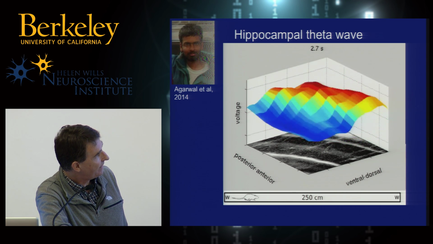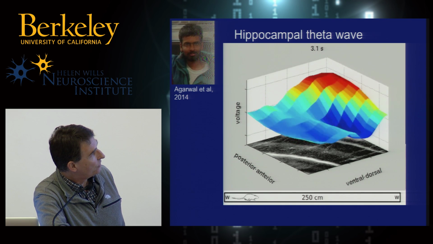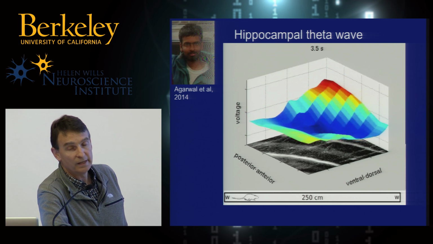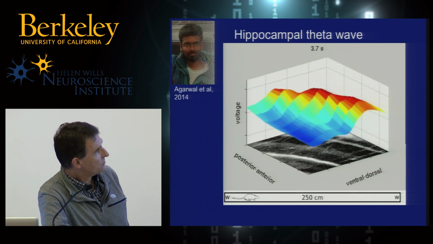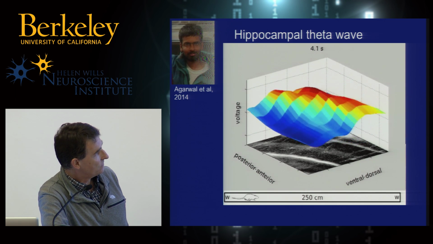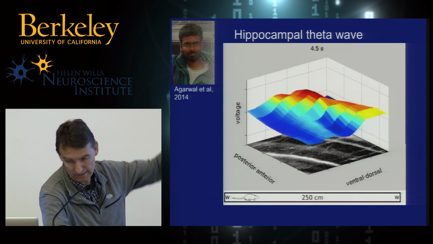An 8x8 electrode array was implanted here, and so every point on this plane is an 8x8 grid. And this just depicts the signal strength as a function of time. And this again goes 10 per second.